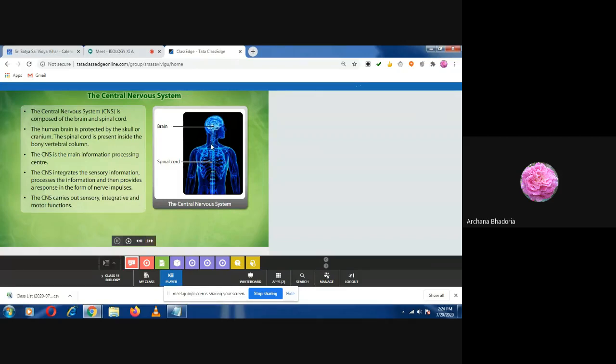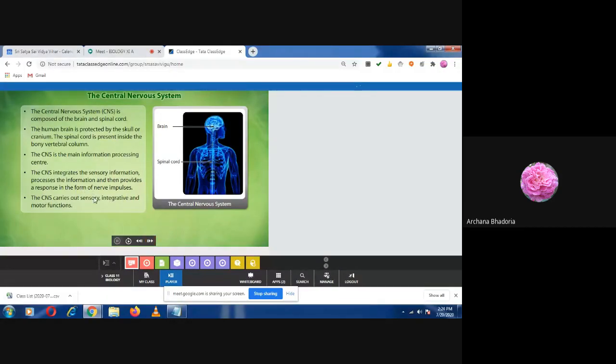So bony covering of the brain is the cranium, and the bony covering of the spinal cord is your vertebral column. So the spinal cord runs through the vertebral column. This way, the central nervous system is protected by the bony covering, and it is the main information processing center, remember, and it integrates the sensory information, processes the information, and then provides a response in the form of nerve impulses.